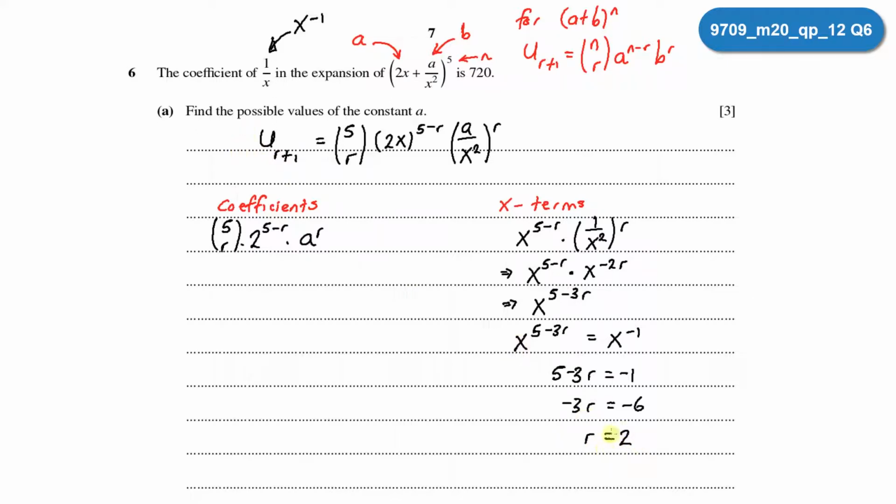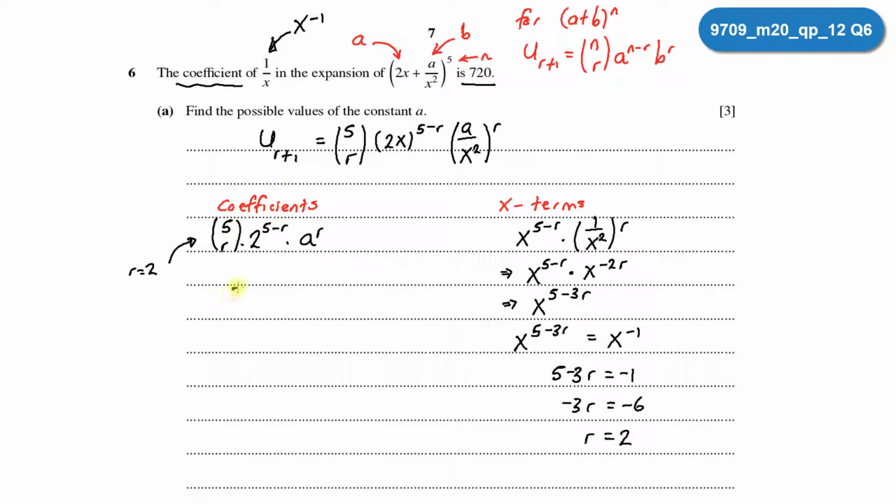So since we now know that r is 2, and they say the coefficient of that term is 720, then I'm going to substitute r equal to 2 into this and equate it to 720, since this gives us the coefficients.